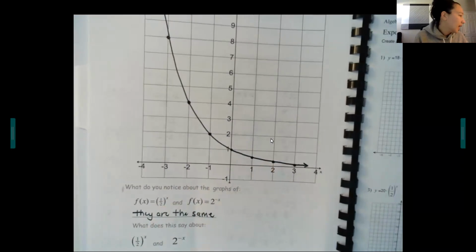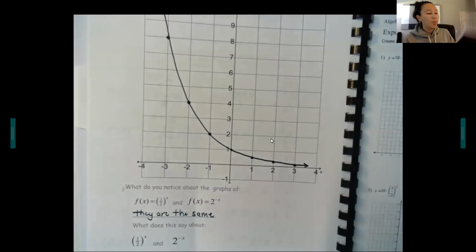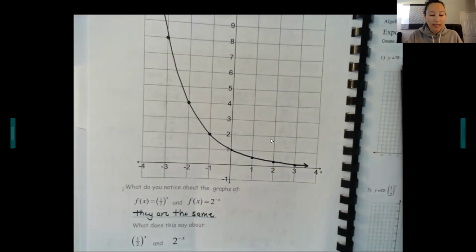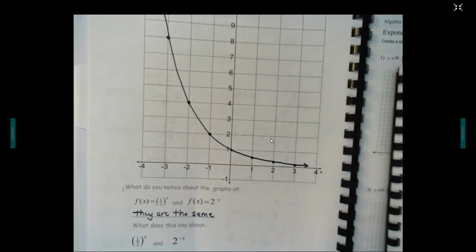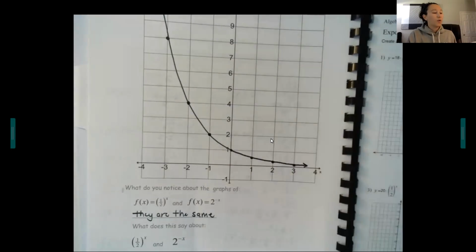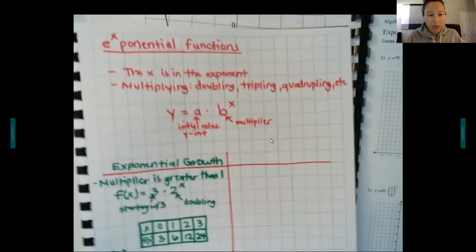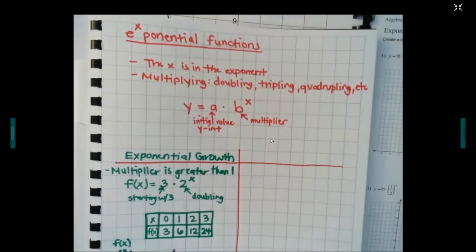And so let's go ahead and switch over to our notebook, and we're going to take our notes on that same page that we wrote notes last week. So for me, it was on page 6. I'm not sure which one yours is, but your exponential function.